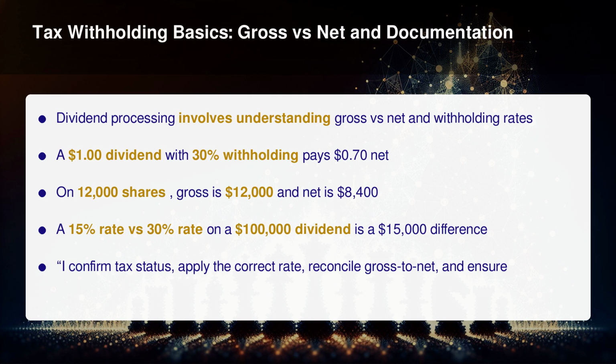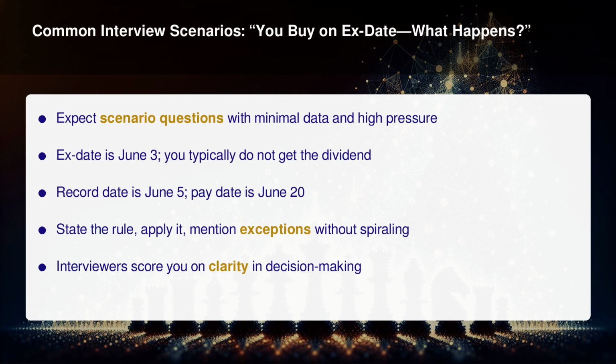To put this in perspective, a 15% rate versus 30% rate on a $100,000 dividend is a $15,000 difference. Interview phrasing: I confirm tax status, apply the correct rate, reconcile gross to net, and ensure reporting aligns to the client statement. Expect scenario questions with minimal data and high pressure.